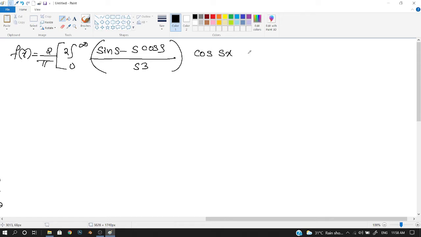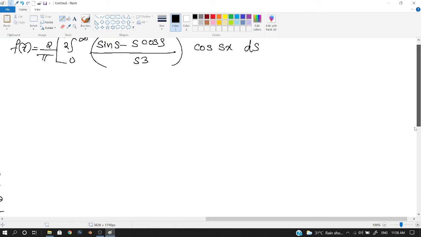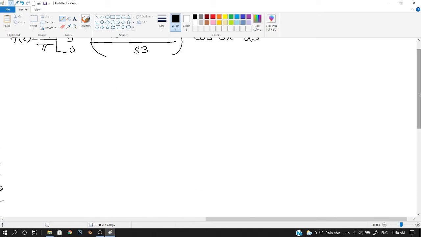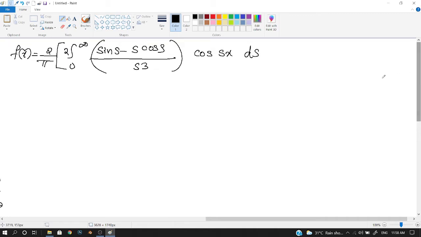That is our first quantity into ds. Similarly, you can see that the second quantity is an odd function, and using the property of integral from minus a to a of an odd function is 0. So using that property you have this plus 0, and that is equal to our function.